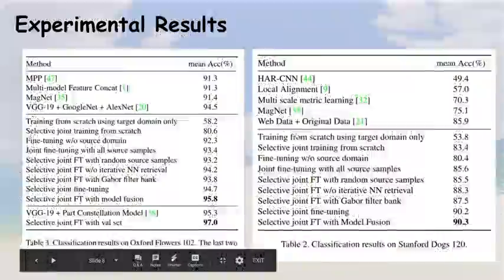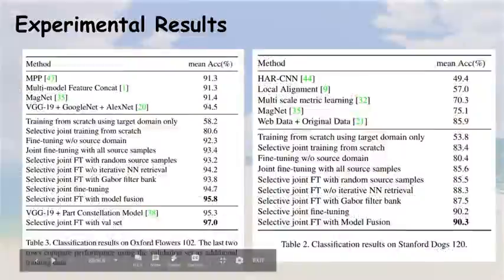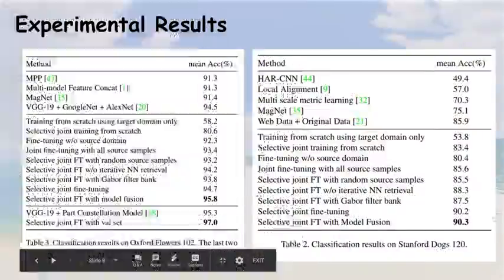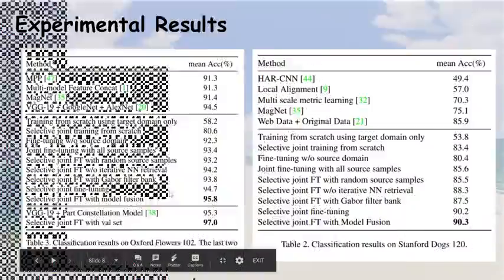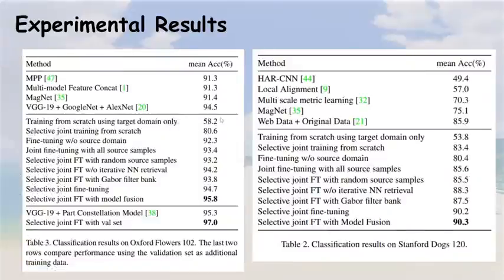And finally, here are the different models that they trained. We have a number of comparison models, as well as their proposed models here. We see that theirs have the highest accuracy on the tasks that they presented it with. We see that fine-tuning does help, as opposed to just training from scratch, which did not do very well.